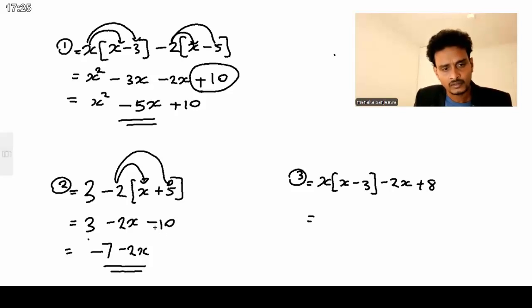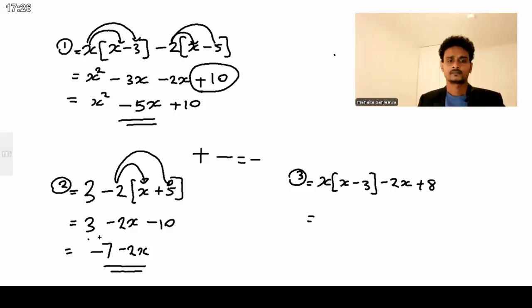So 2 times 5 is 10. When you multiply plus and minus, different signs, it becomes minus. Remember? Yes, sir. Okay. Now any questions related to this one? Second question? No, sir. Okay, very good.